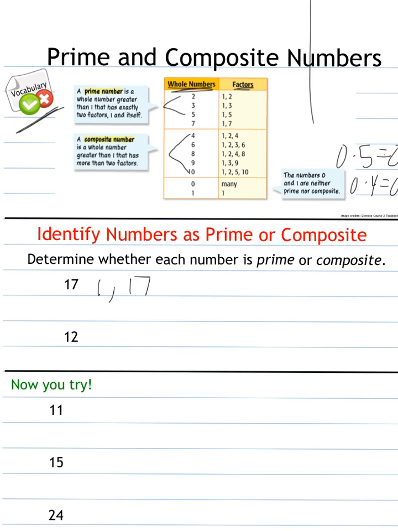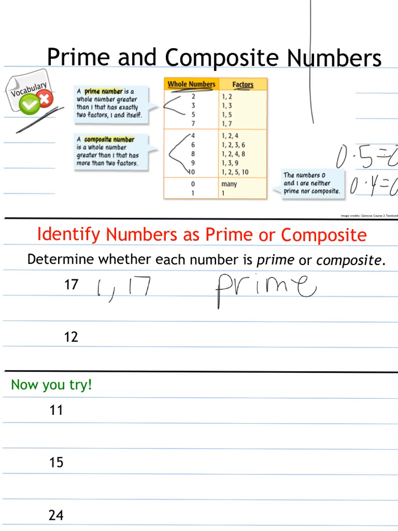Now let's keep going. 2 doesn't go into 17 because it's not even. 3 does not. 4 does not. 5 does not go into 17. 6 does not. 7 does not, 8 does not, 9 does not, 10 does not. Now we've gone over halfway, so that tells us that there are no other factors. Since 1 and itself are the only factors that go into 17, that makes it prime.